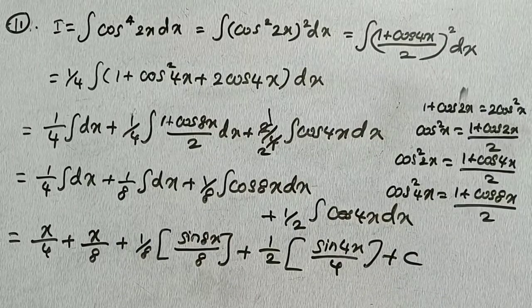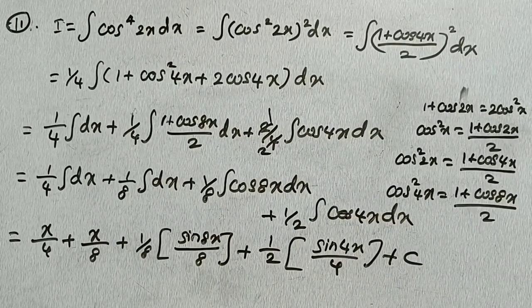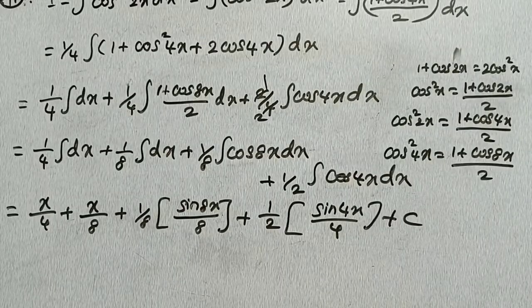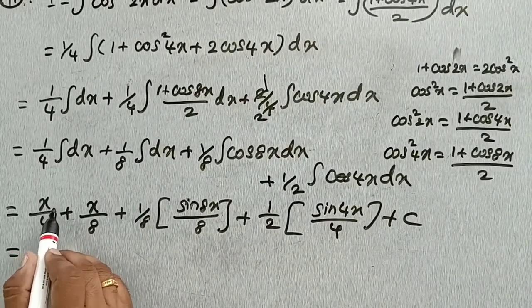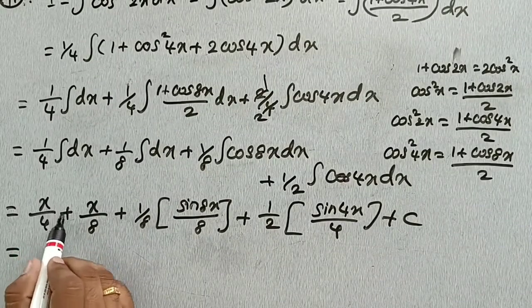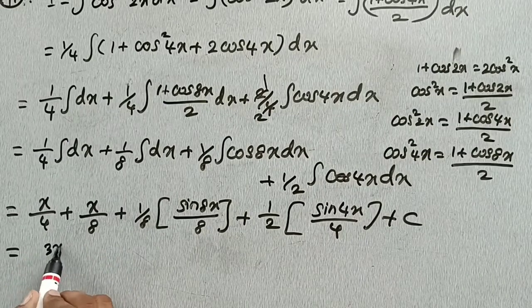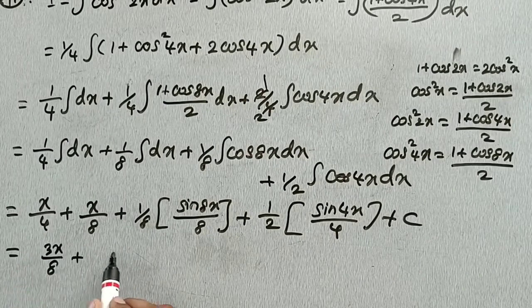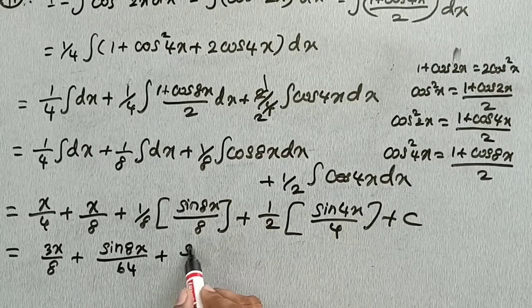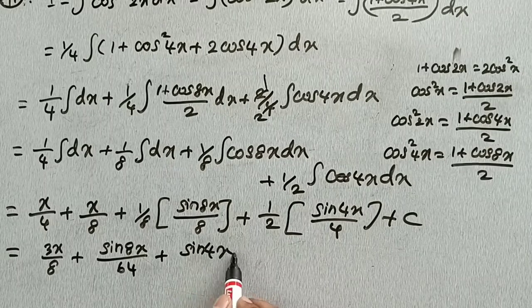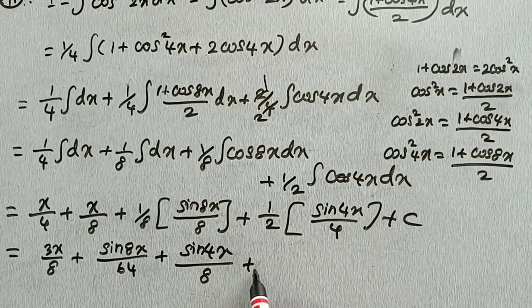Now we will simplify and write. So adding the first two terms, we have to cross multiply, multiply by 2 in numerator and denominator. So 2x plus x, 3x will come, 3x by 8, plus the second term will be sin 8x by 64, plus the third term will be sin 4x divided by 8, plus c.